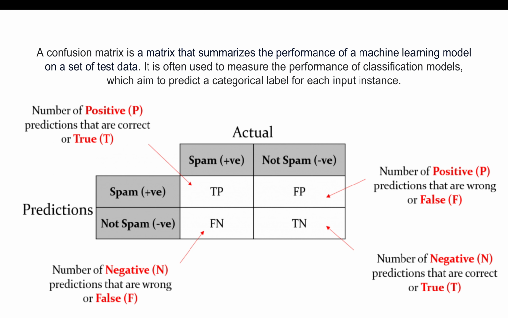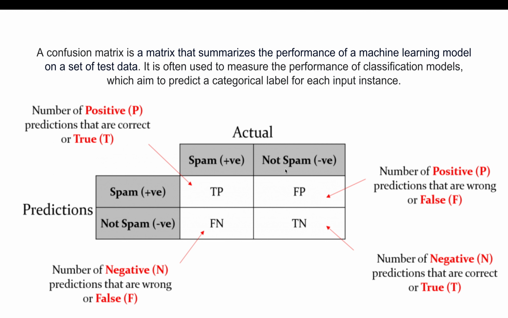Now, if you look at the screen right now, you can see an example. Let's say you are trying to build a model which tells you whether a particular email is a spam email or a non-spam email. Here we have put the actual data, whether that particular email was a spam email or not spam.